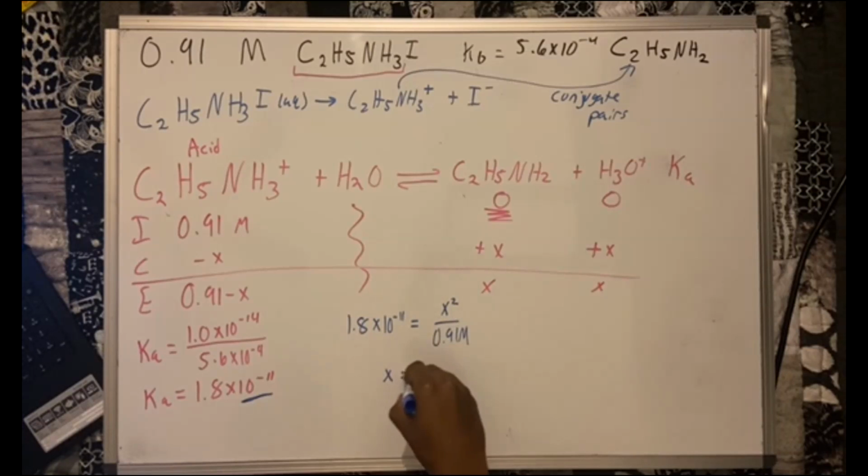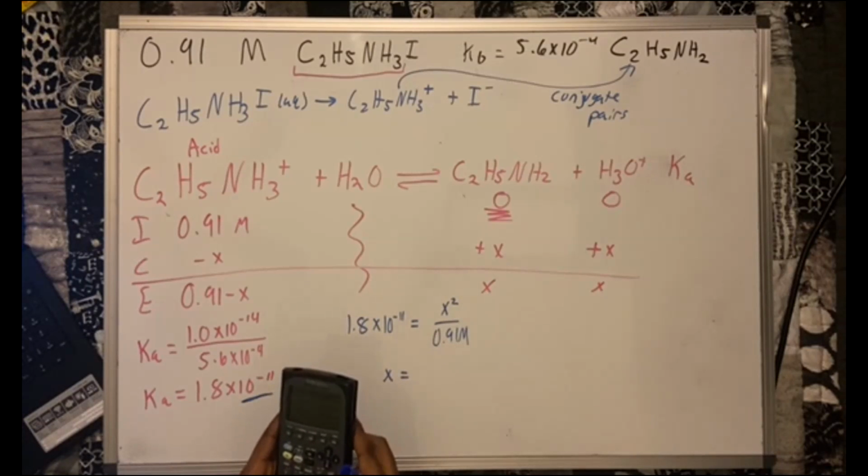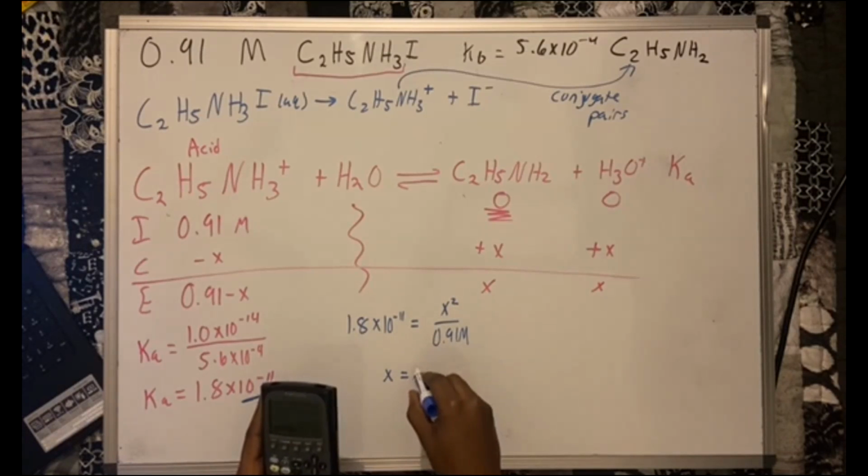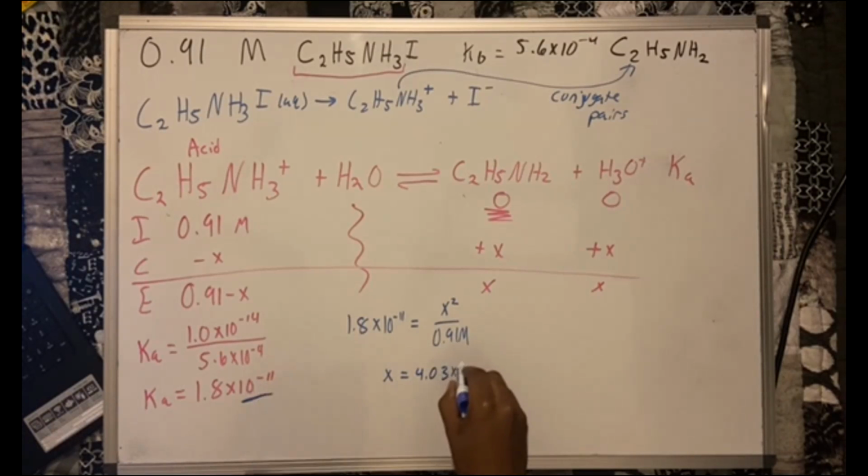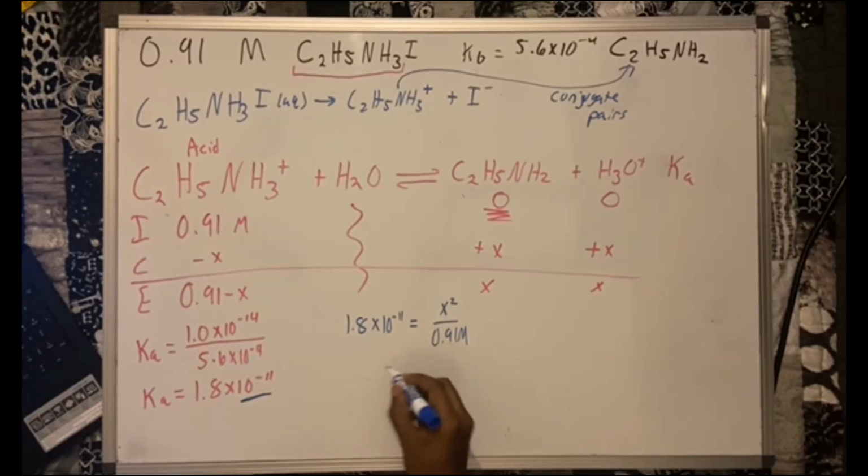So my x is going to be the square root, 4.03 times 10 to the negative 6.